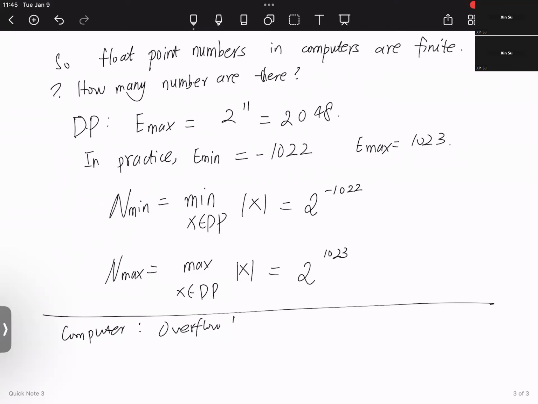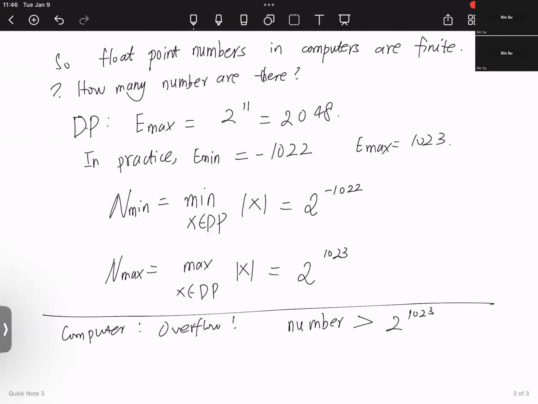This is the error message. It means that you have a number that cannot be represented by the computer. If you are using the double precision number, it means that you get a number during the simulation that is bigger than this number.